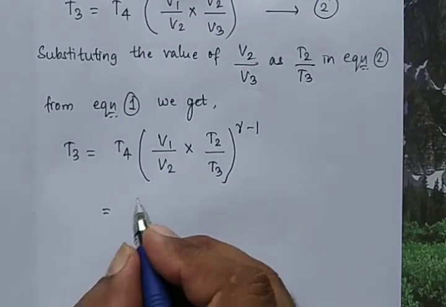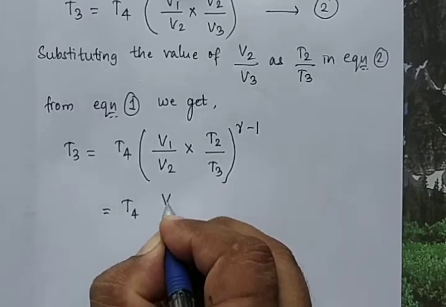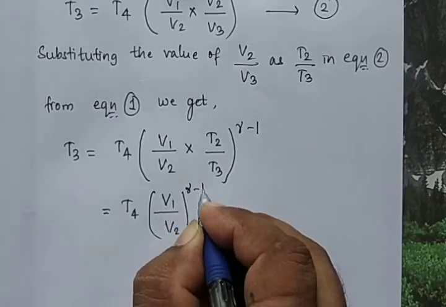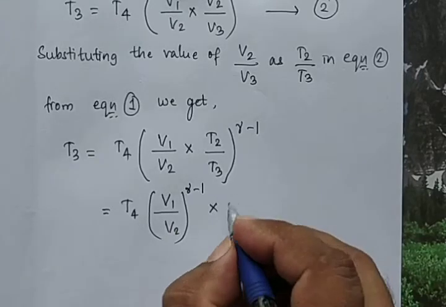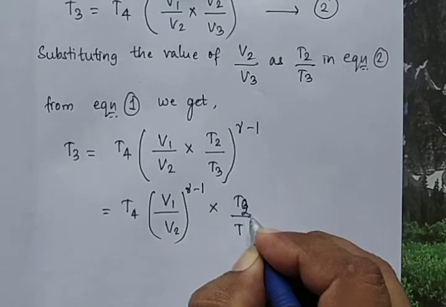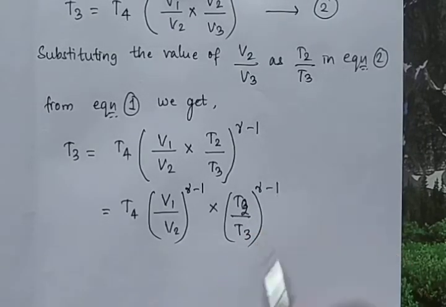So I will rearrange the terms: T4 into V1 by V2 whole raised to gamma minus 1 into T2 by T3 whole raised to gamma minus 1.